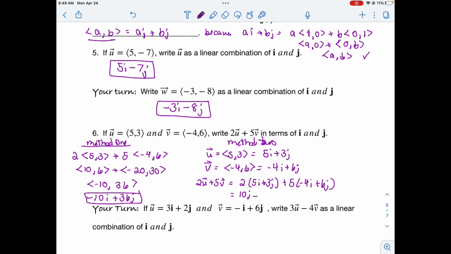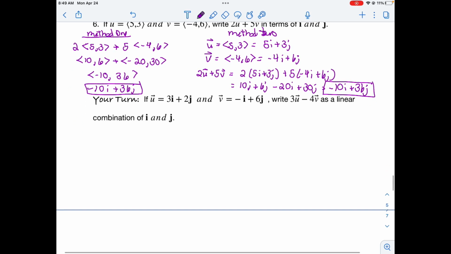Then just get rid of the parentheses by doing the distributive property, and then combining like terms. Adding our i terms together, we get negative 10i, and adding our j terms together we get 36j. Notice you get the same answer. I don't care which method you choose, do whichever one is easiest for you or makes the most sense for the problem. You try this next one.